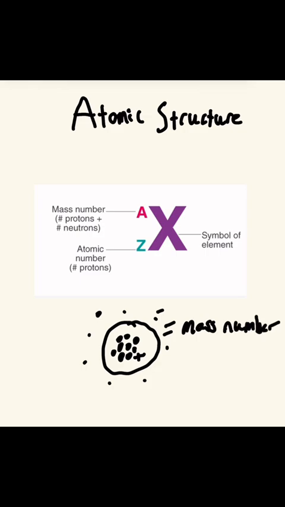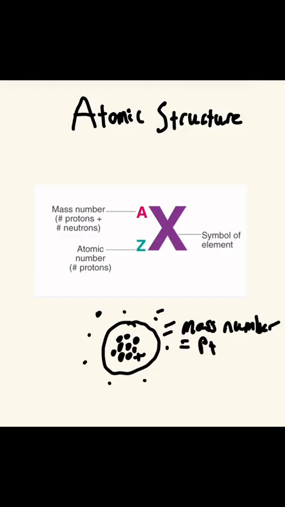All right, now that's neutrons and protons. Now, if we just look at the atomic number, that is just talking about the number of protons. So usually it's half the mass number. Typically, there is the same number of protons and neutrons within the nucleus.